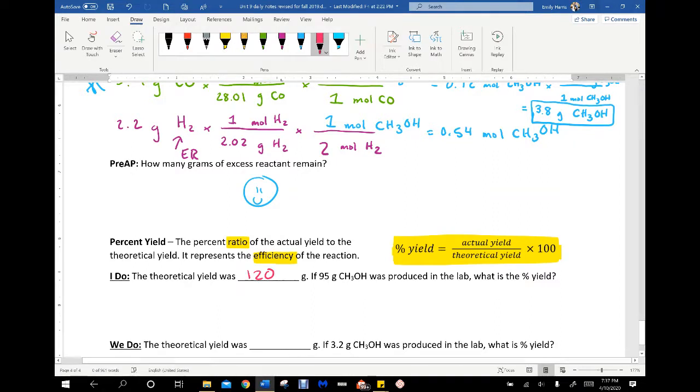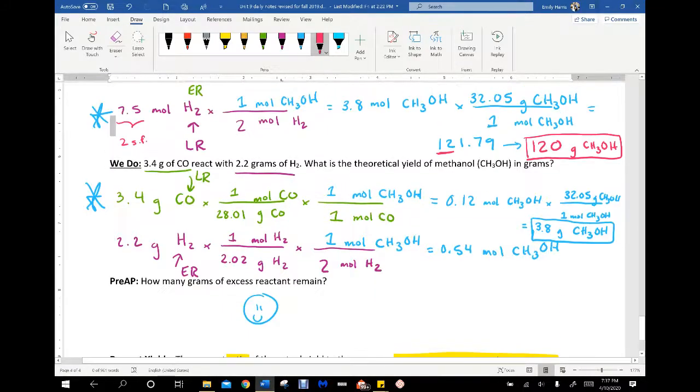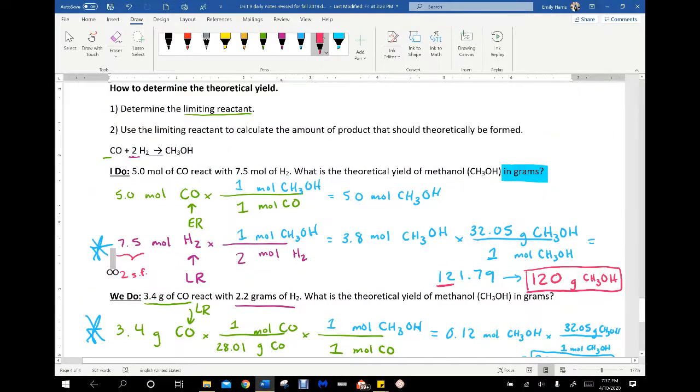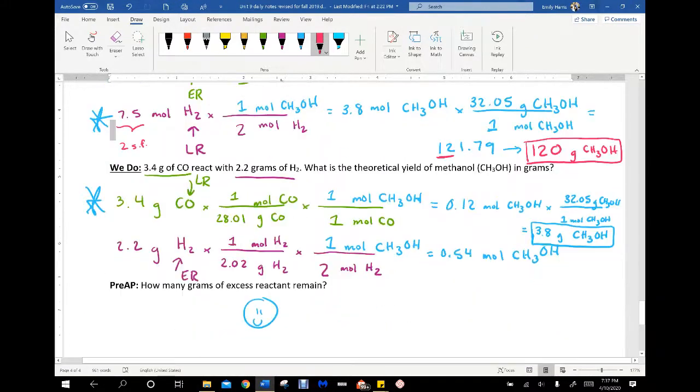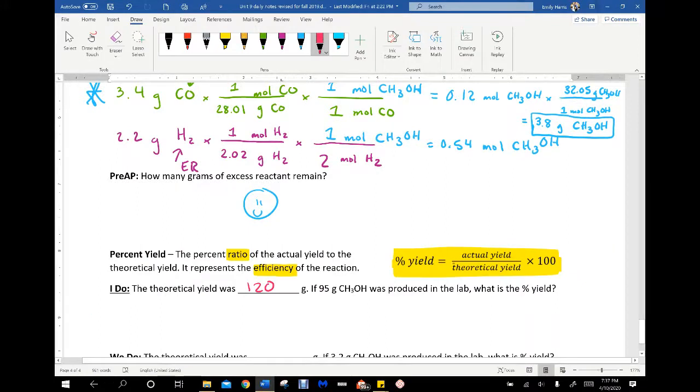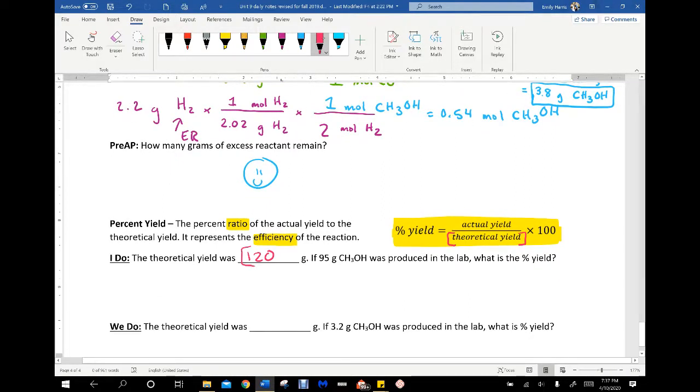Now again, let's pretend that this I do had said, instead of finding theoretical yield, what is the percent yield? What we would have to know is that in order to get percent yield, you need to determine theoretical yield first. So you'd go through your steps for theoretical yield, find your answer, and then you would be able to use it in your calculation for percent yield.